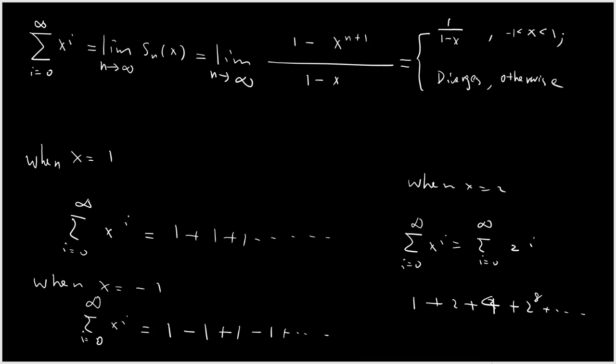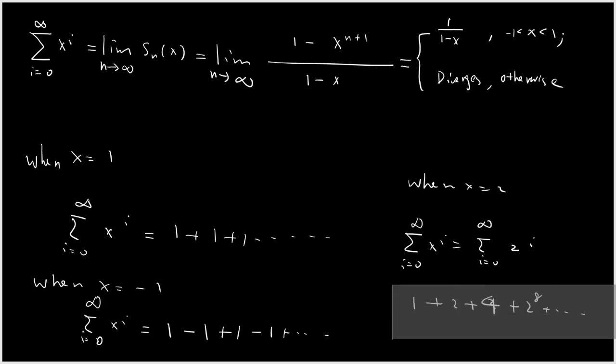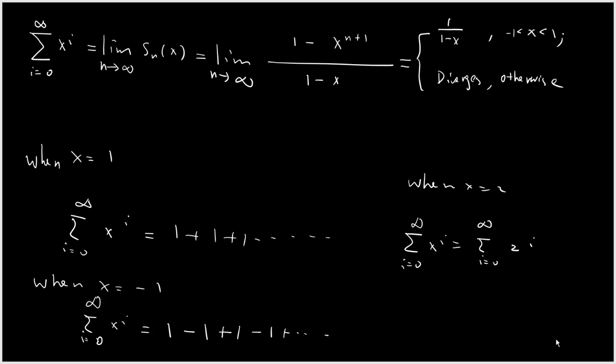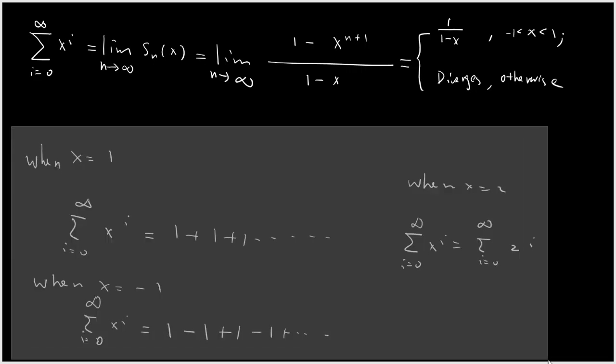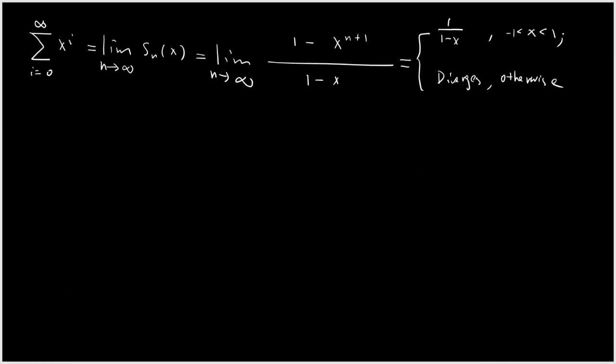If you add all the terms, 1 plus 2 plus 4, and so on, it diverges to infinity. Or you can see it from the partial sum sequence, of course. I'm trying to convince you, okay, the series is convergent to 1 over 1 minus x only when x is in between -1 and 1. Okay. Diverges otherwise.